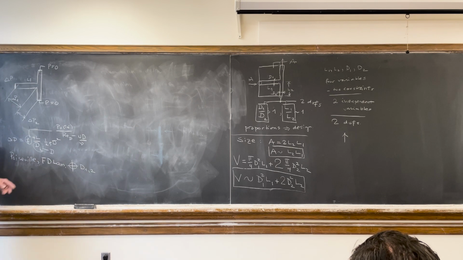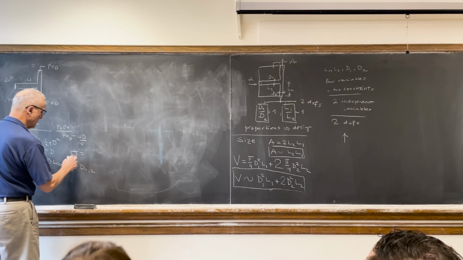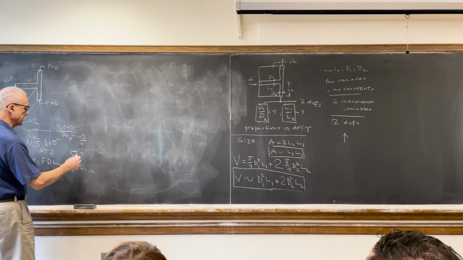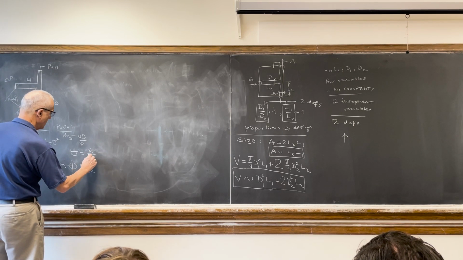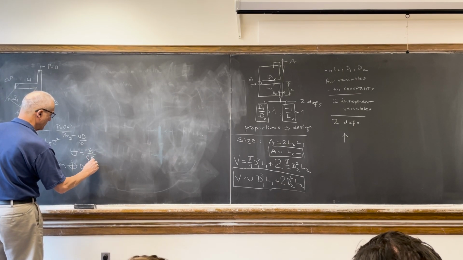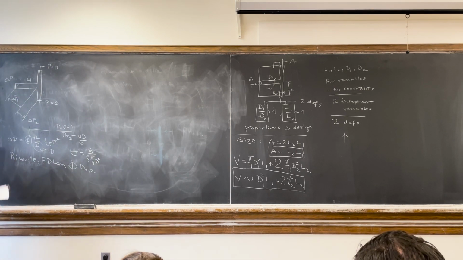And another substitution is that U is the cross-section average flow velocity, namely m dot over rho pi over 4 D squared. These are the substitutions you make.